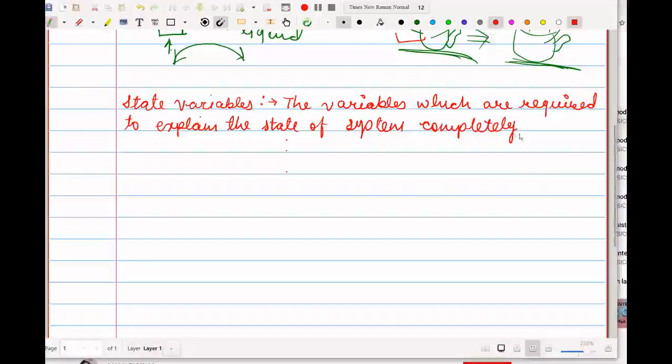Then the variables are said to be thermodynamic variables.